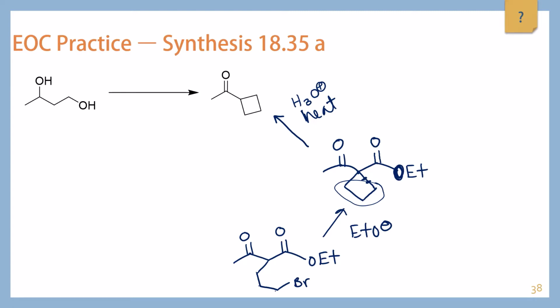Hopefully by now what you've realized is that you have to take this compound and somehow turn it into acetoacetic ester. So the first step in that would be an oxidation, right? We need a ketone and we need to eventually get to an ester, but we can't just go straight to an ester, but we can make a carboxylic acid and turn it into an ester.